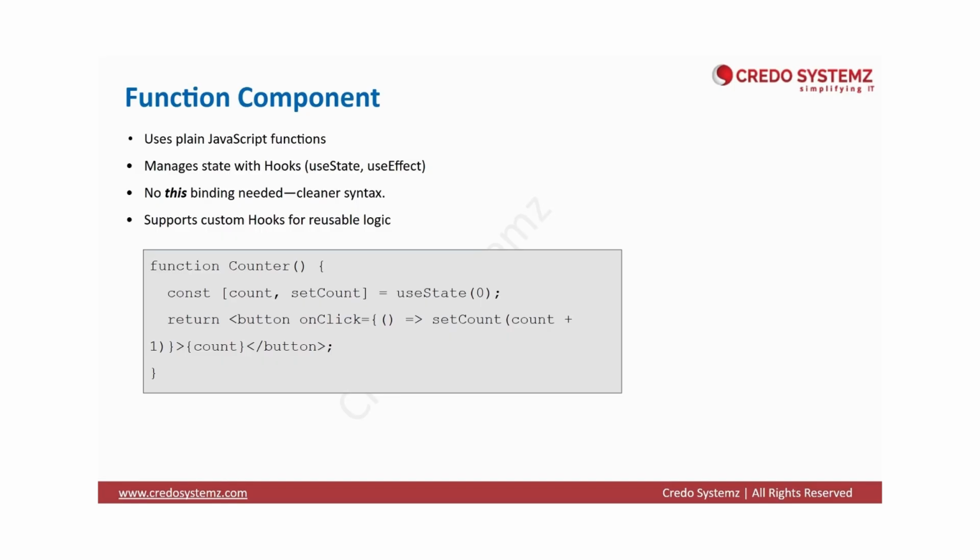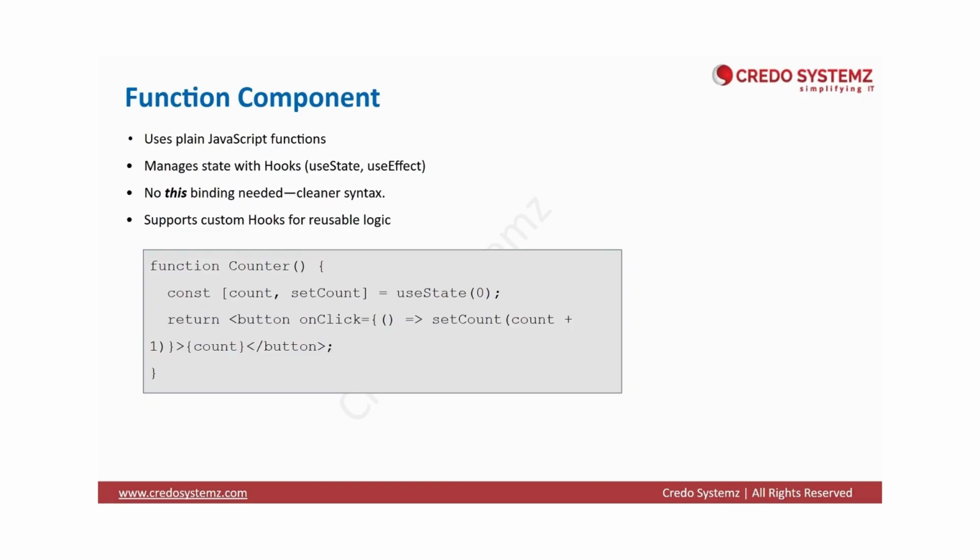Function Counter. This is just a JavaScript function, and I have a constant with a setter using useState. We don't know what useState is at all. We will discuss that afterwards, but you can see this specific Counter function returns a button. This is JSX code, and this JSX code is going to render on the UI screen.